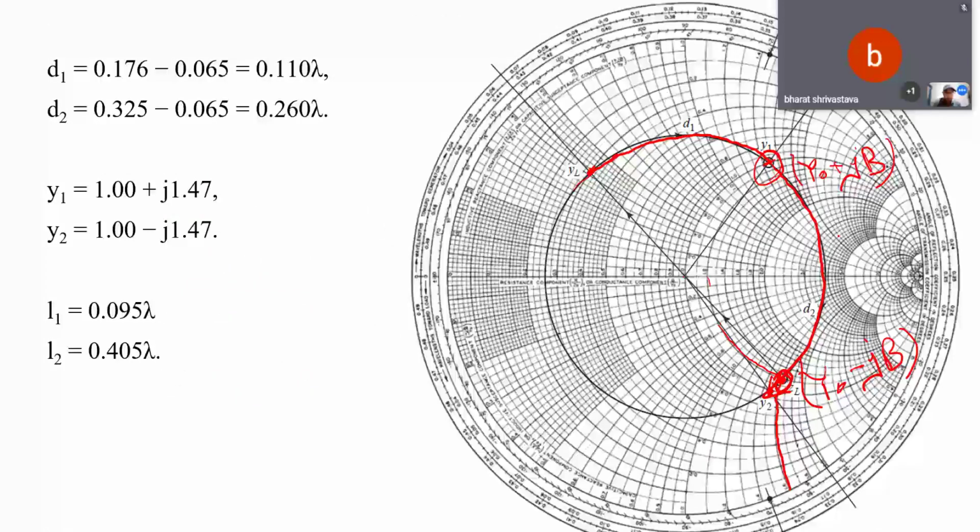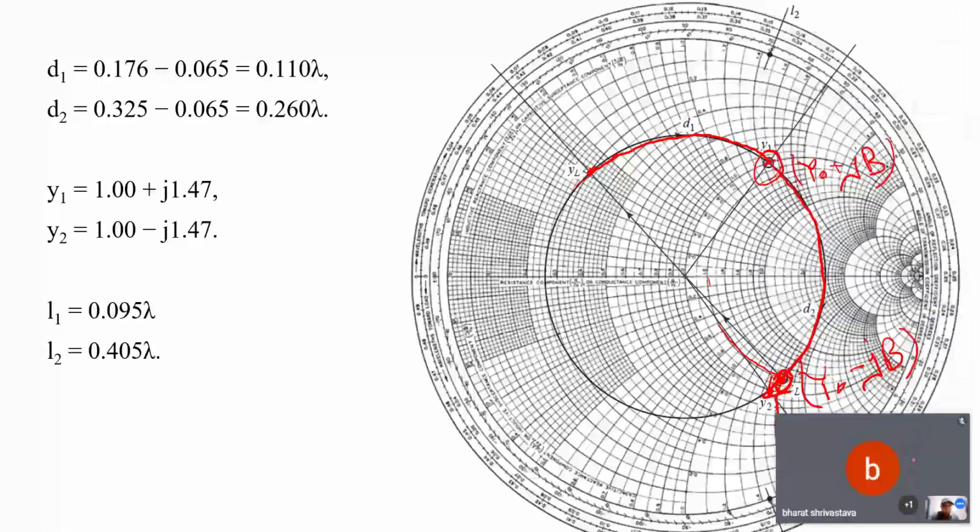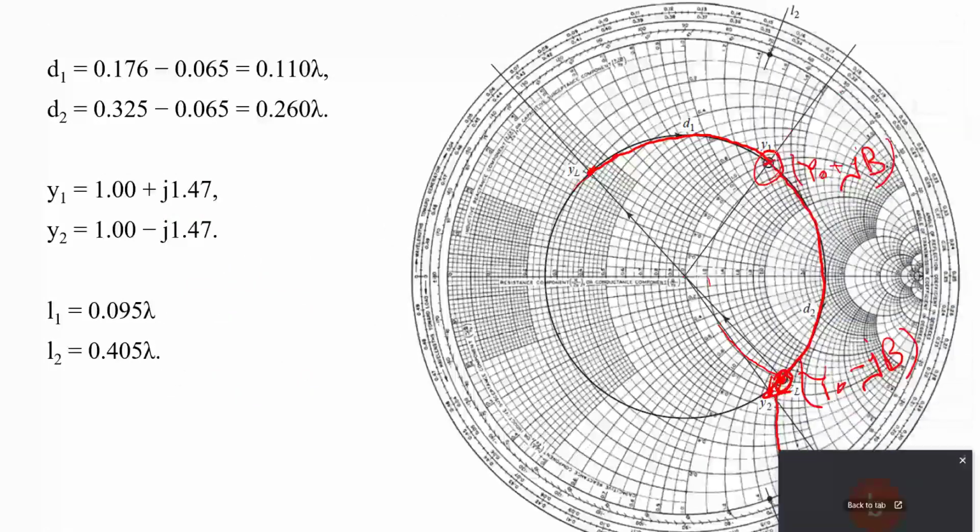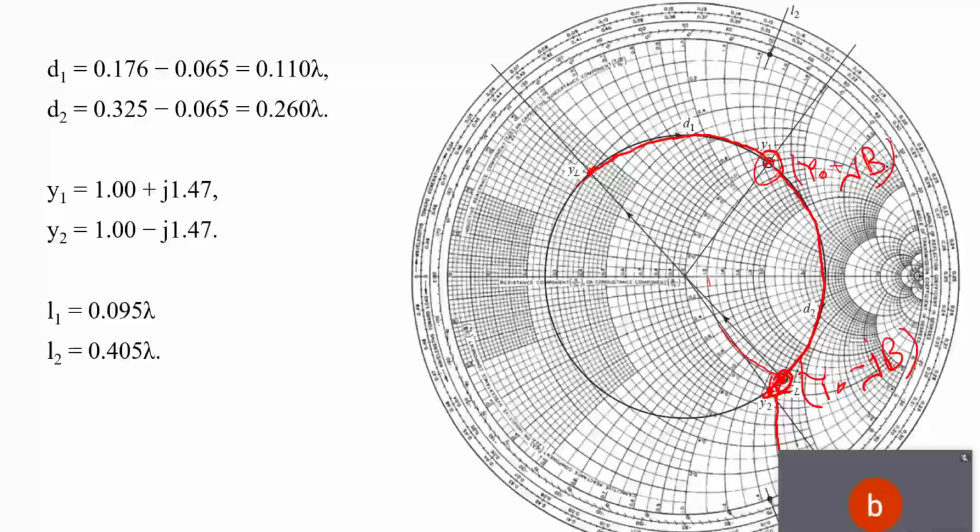Okay, so that's what I am doing here. Here you can see the value of admittance will become equal to 1 plus j1.47, whereas for this point d2 you will get the admittance as 1 minus j1.47.